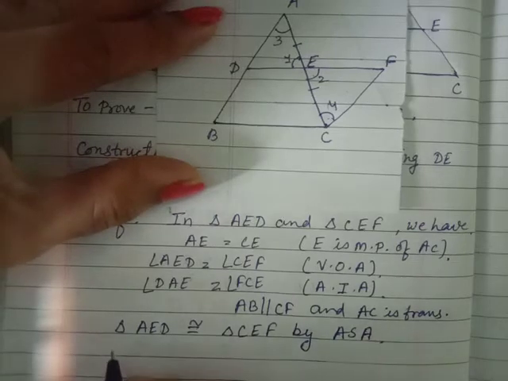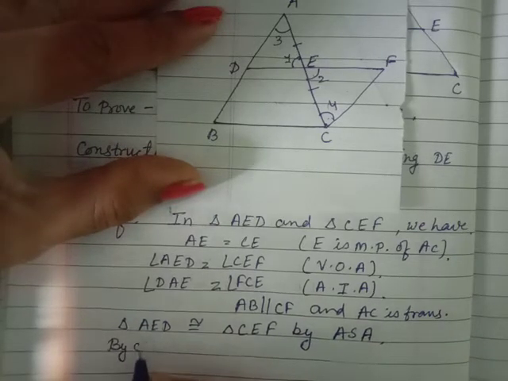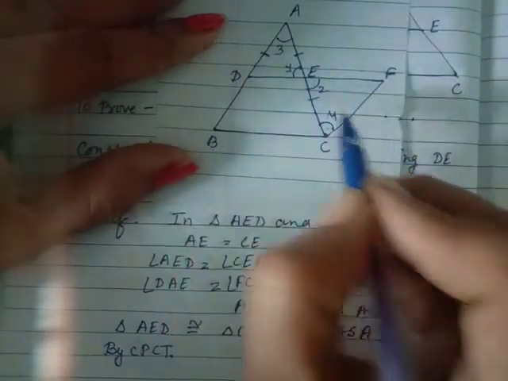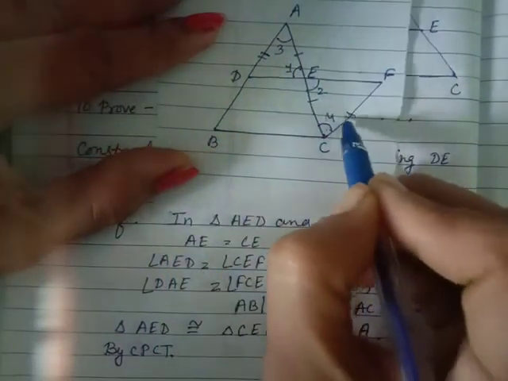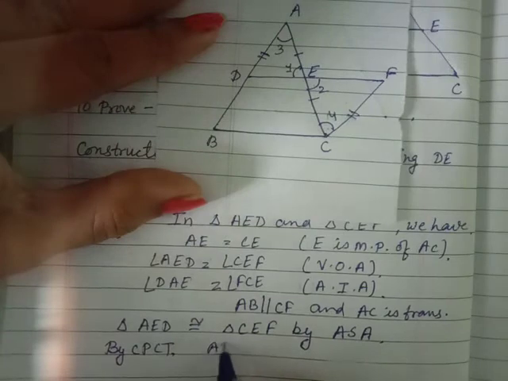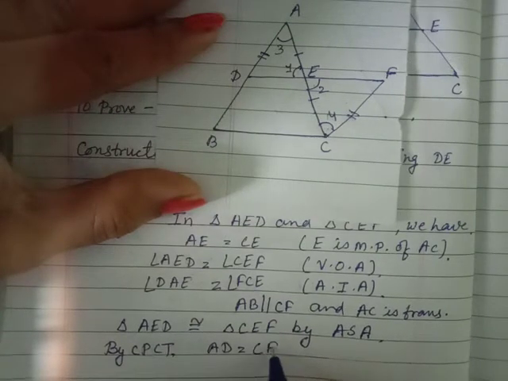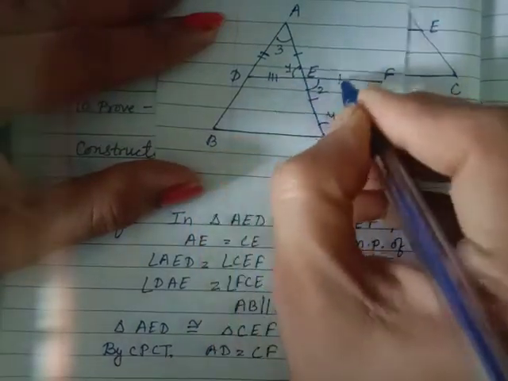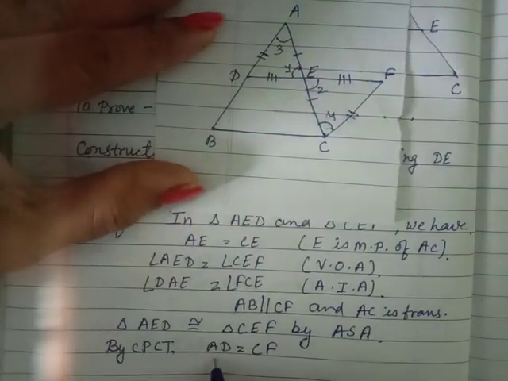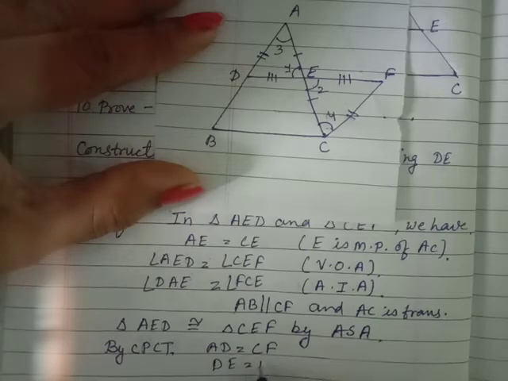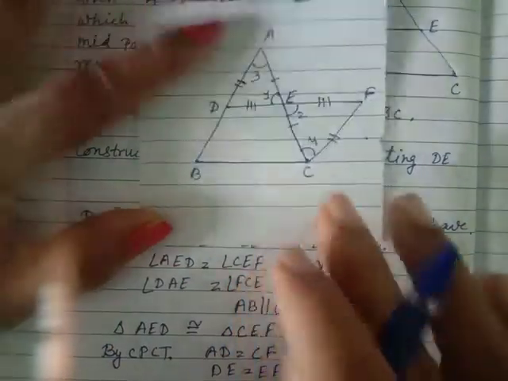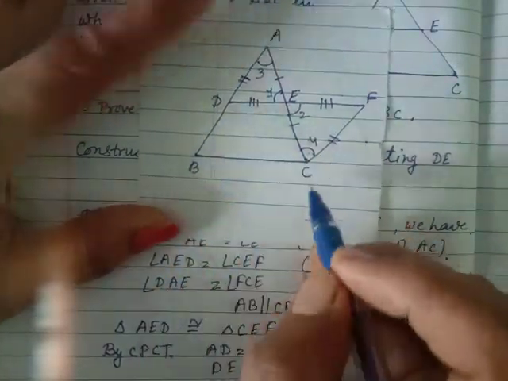Now by CPCT we can say that AD is equal to CF, and DE is equal to EF. This we can say by CPCT.